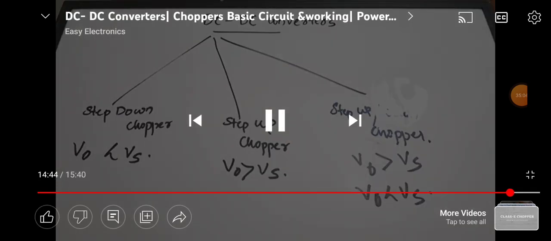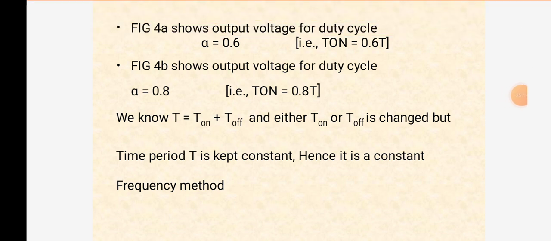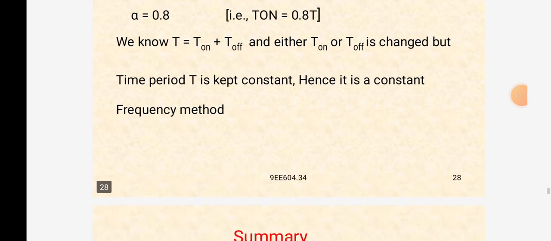Now we watched the video about the working principle and the classification of choppers.